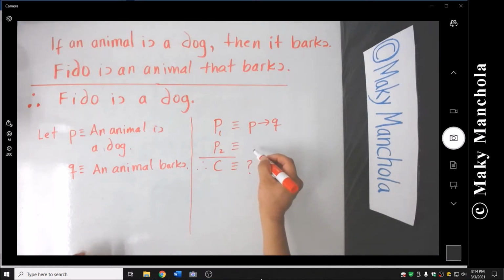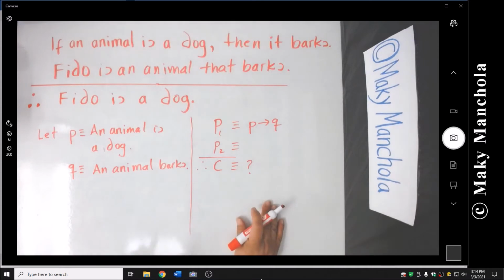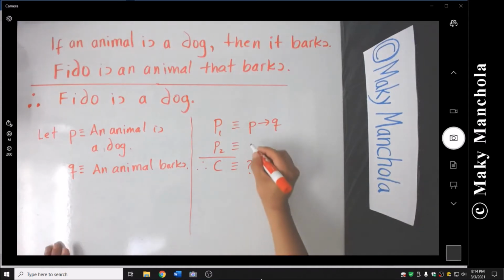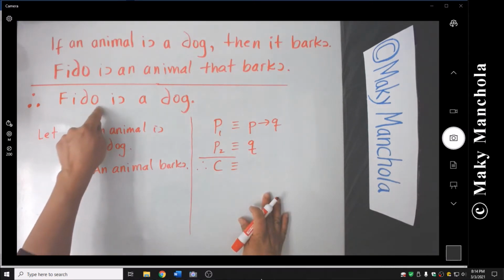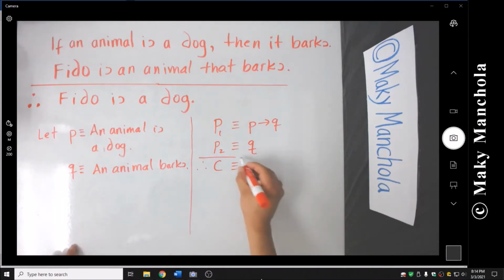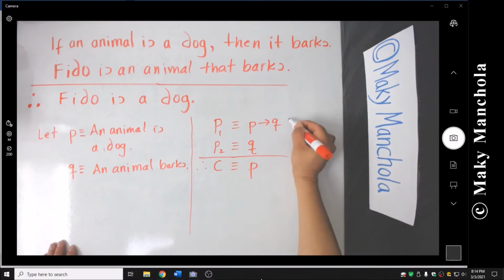Our second premise is an instance of Q, so we're going to call it Q. Our conclusion happens to be an instance of P, so we're going to call it P. Now again, we're assuming our two premises happen to be true.